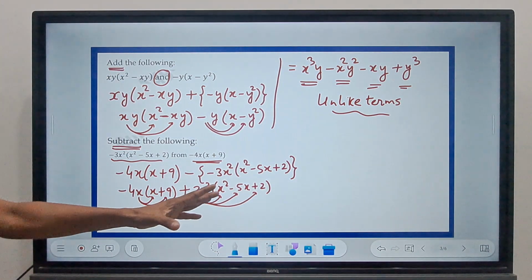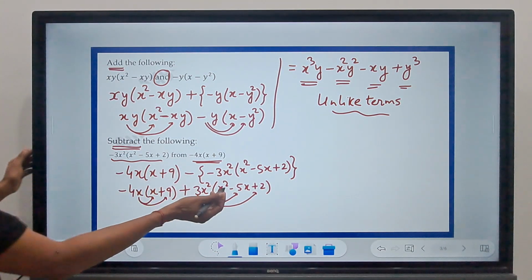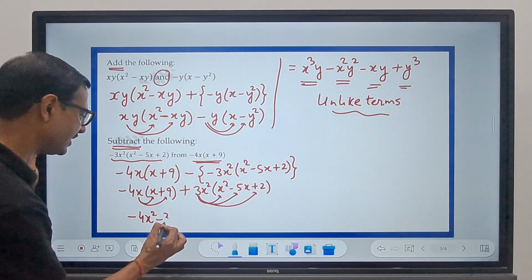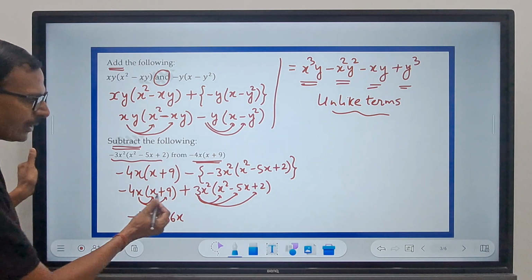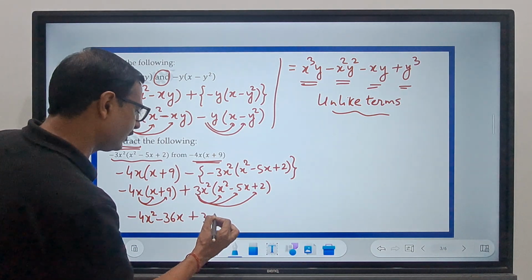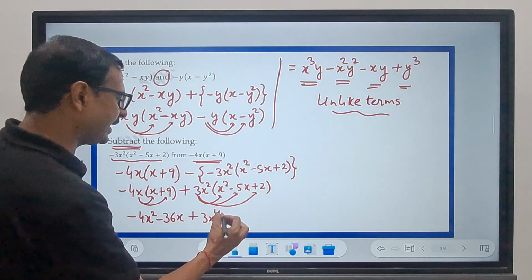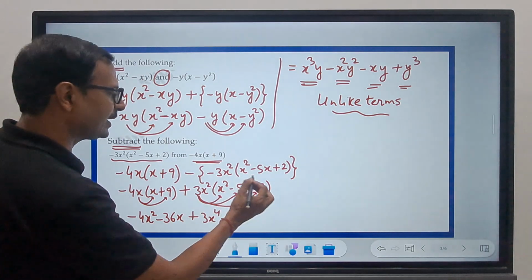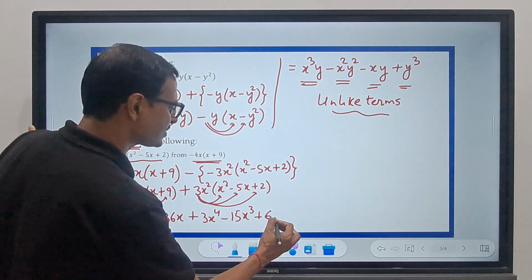We have to do all the multiplications. So what do I get here? Minus 4x square minus 36x. These two are multiplied. 3x square times x square is 3x power 4. 3x square times minus 5x is minus 15x cube. And 3x square times plus 2 is plus 6x square.